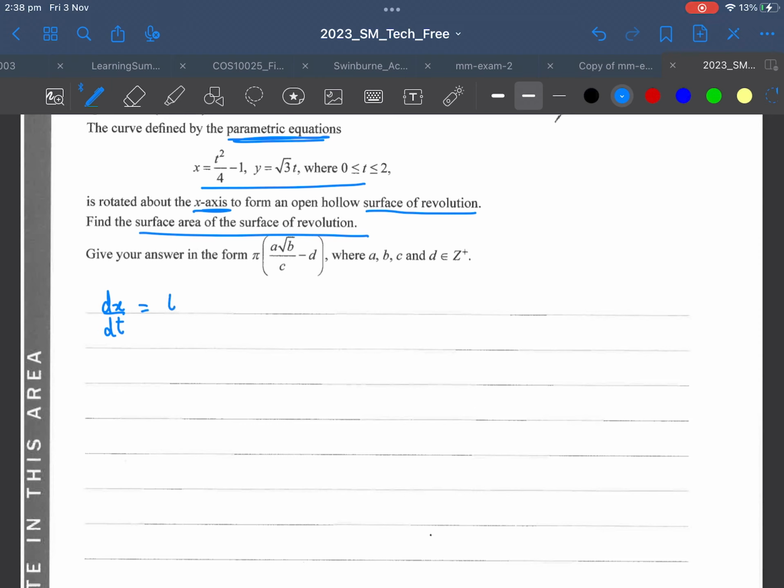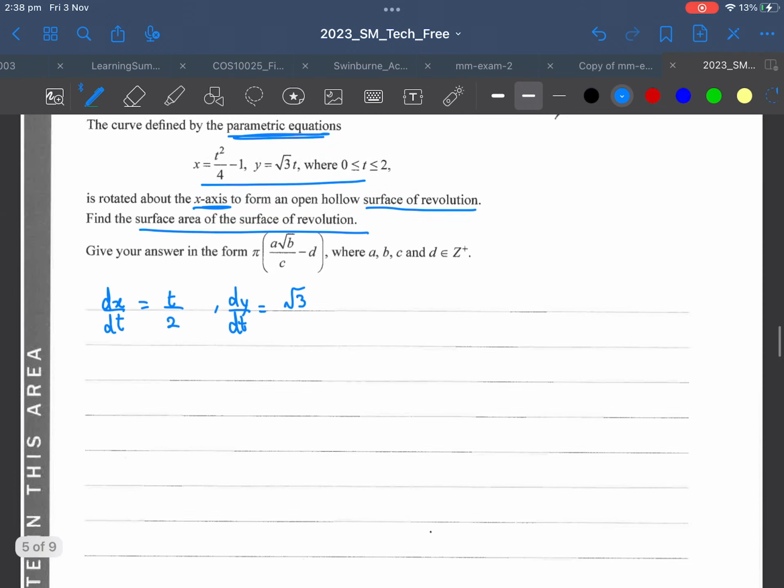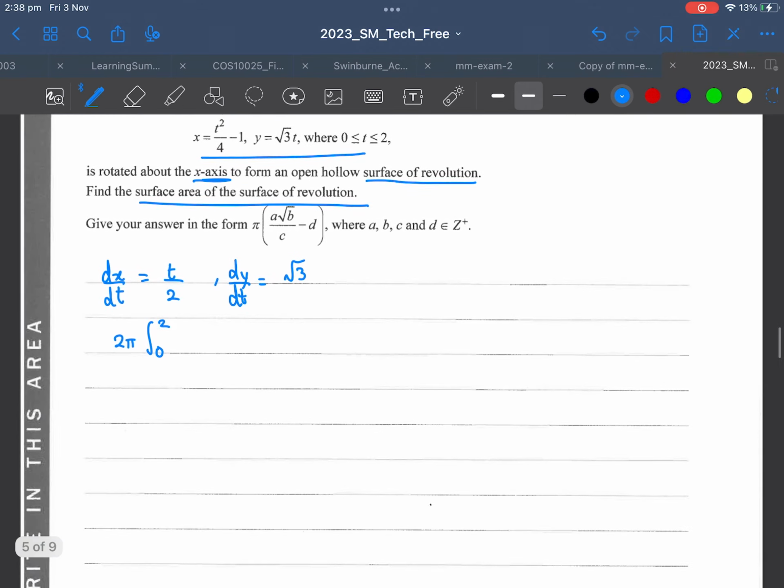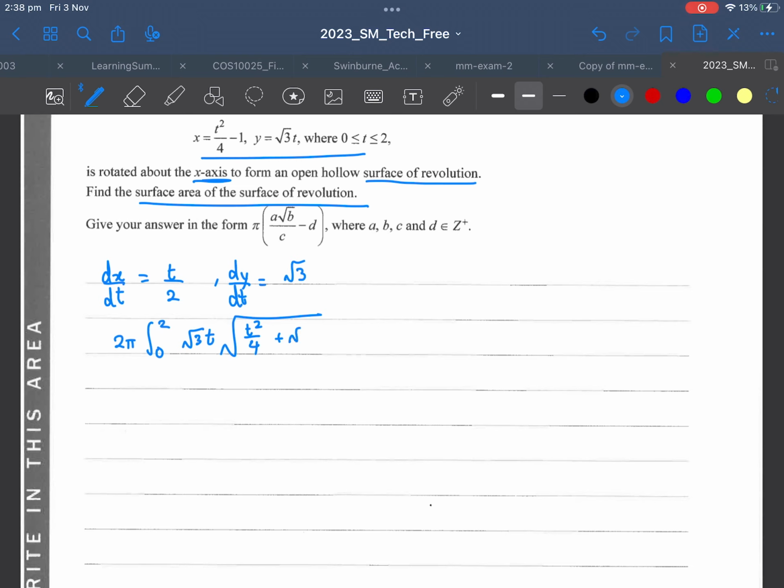So this would just become t on 2, and dy dt will become just square root of 3. So now we can just simply apply the formula from the formula sheet. So 2 pi, 0 to 2, square root of 3t times the whole thing, so t squared on 4. So we're just squaring that, and then plus 3.